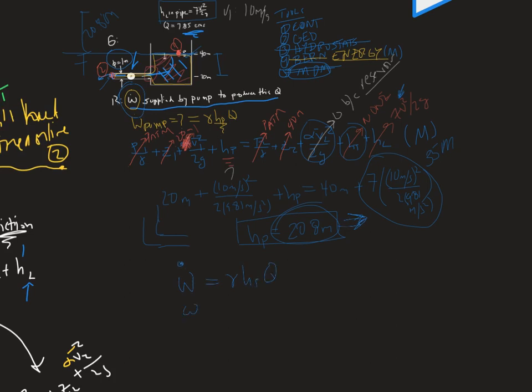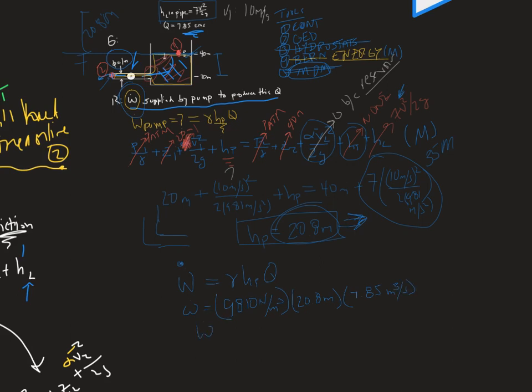So W dot equals gamma, so this is fluid, that's 9810 newtons per meter cubed. The head supplied by the pump is 20.8 meters, and the Q is 7.85 cubic meters per second, CMS.